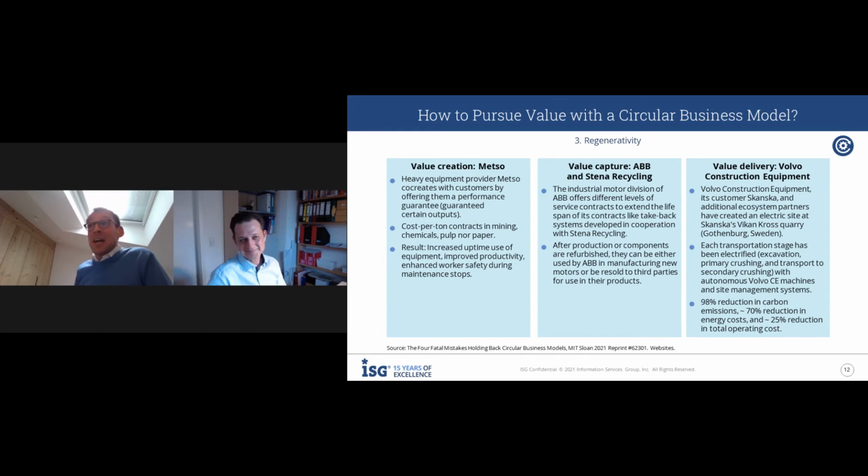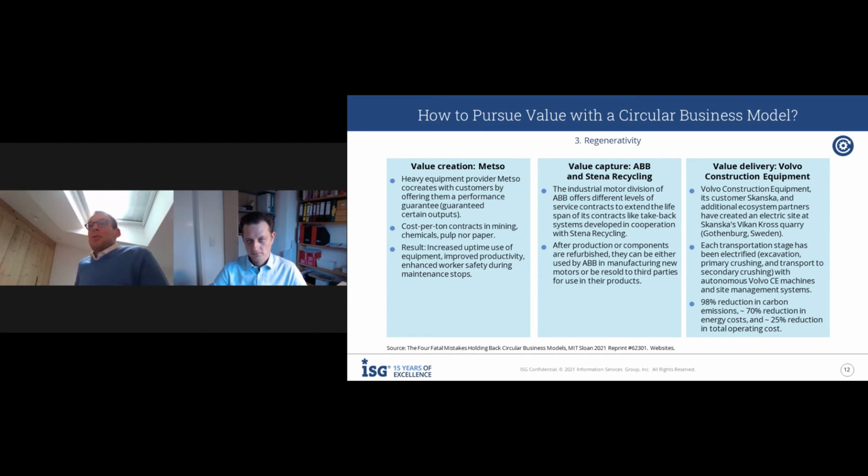We have some more cases on circular business models. I mean, they are probably a little bit more serious than the one before. But for example, without going into detail, Mezzo. I like this one because they basically included a transformation of the business model, saying the customer is paying for output and not for input.